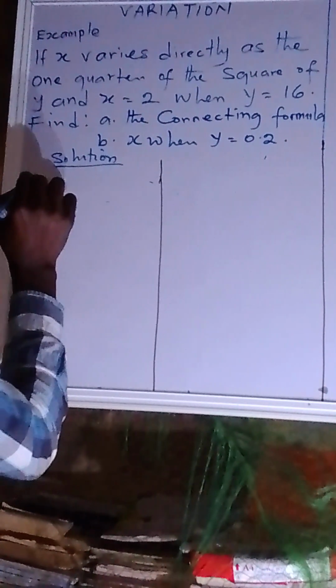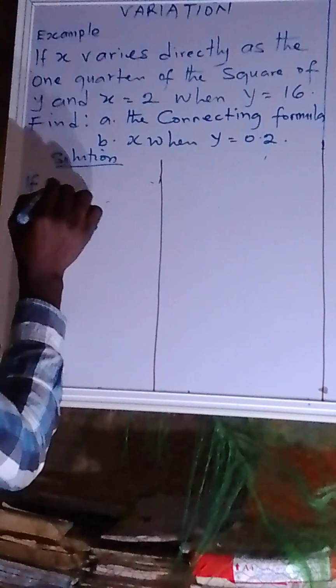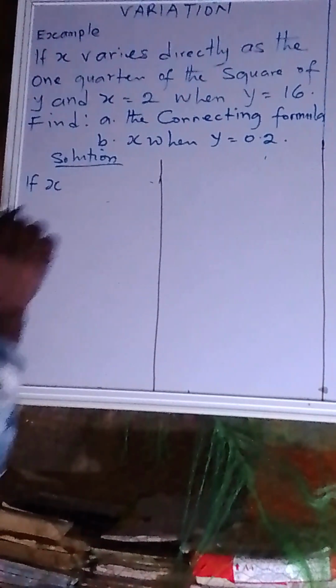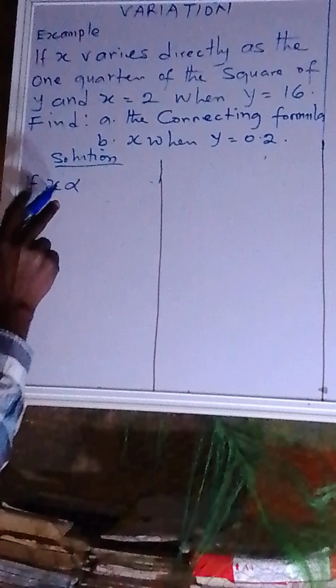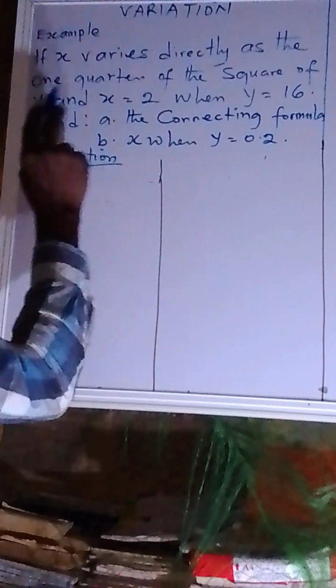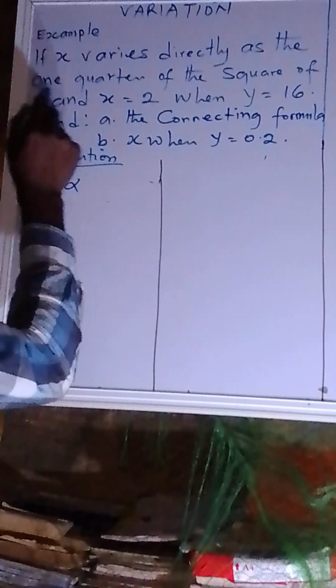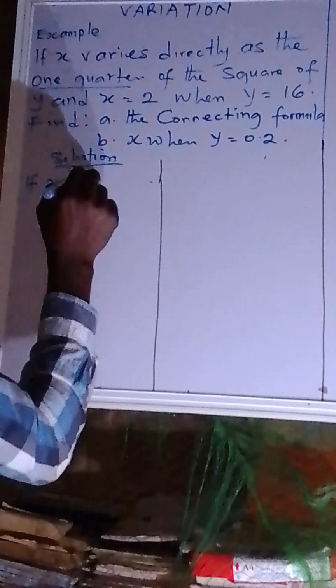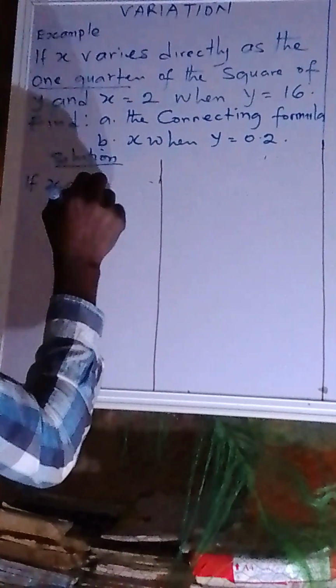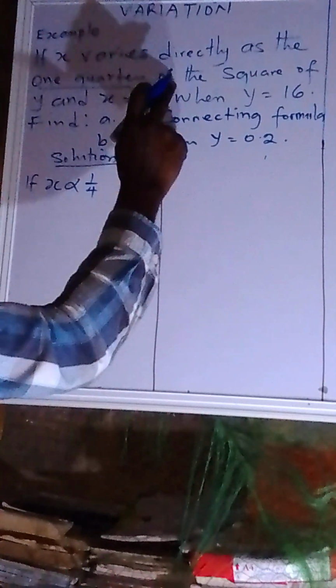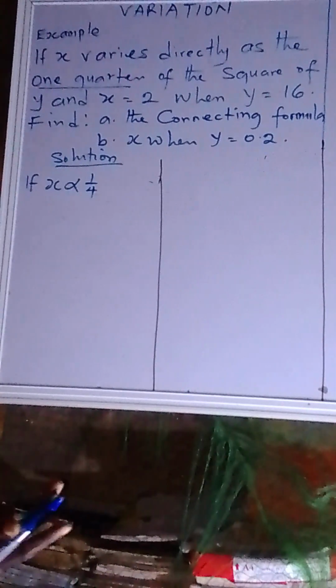If x varies, this is the symbol for variation, varies directly as 1/4. What is 1/4? Of, what is "of" in mathematics? Multiplication.